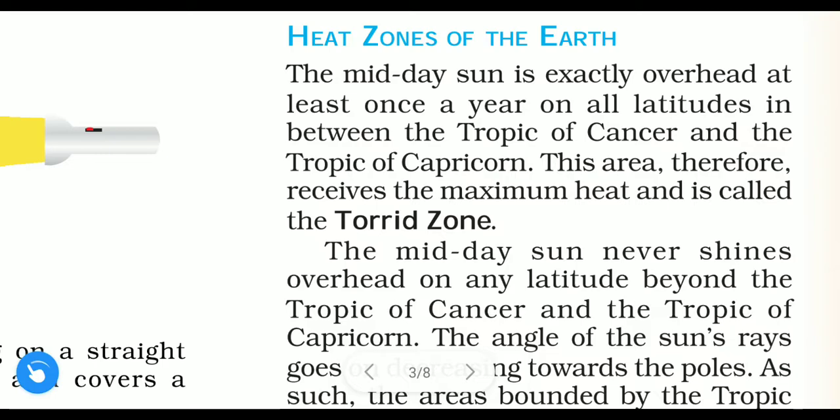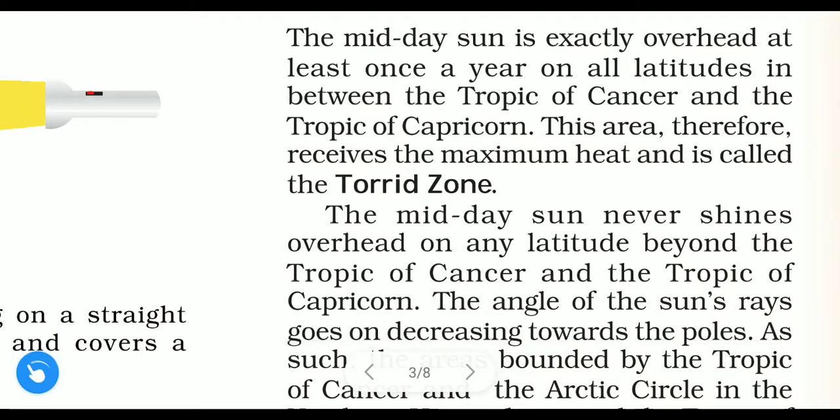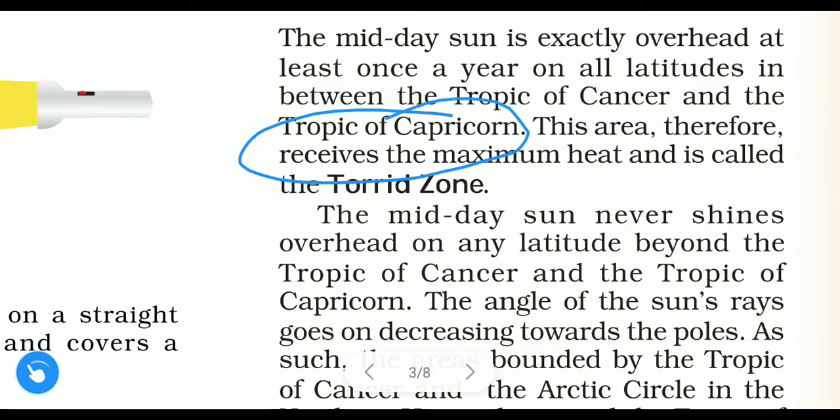The midday sun is exactly overhead at least once in a year on all latitudes between the Tropic of Cancer and the Tropic of Capricorn.